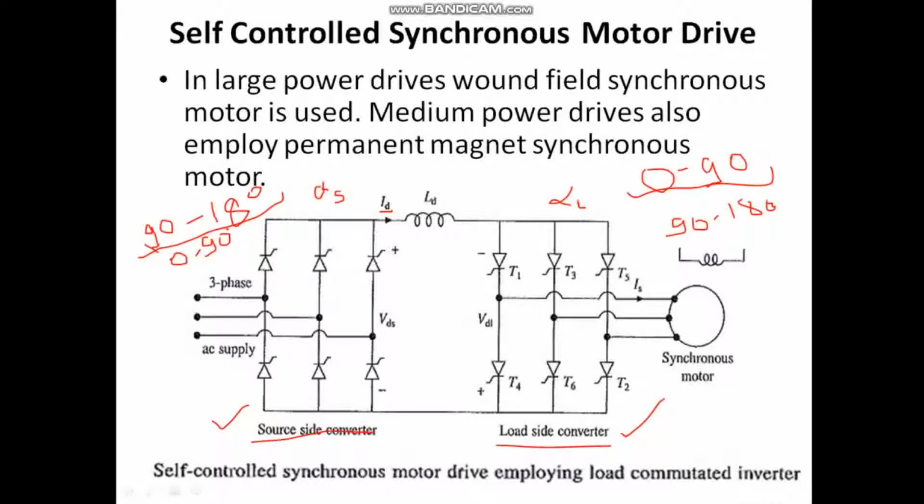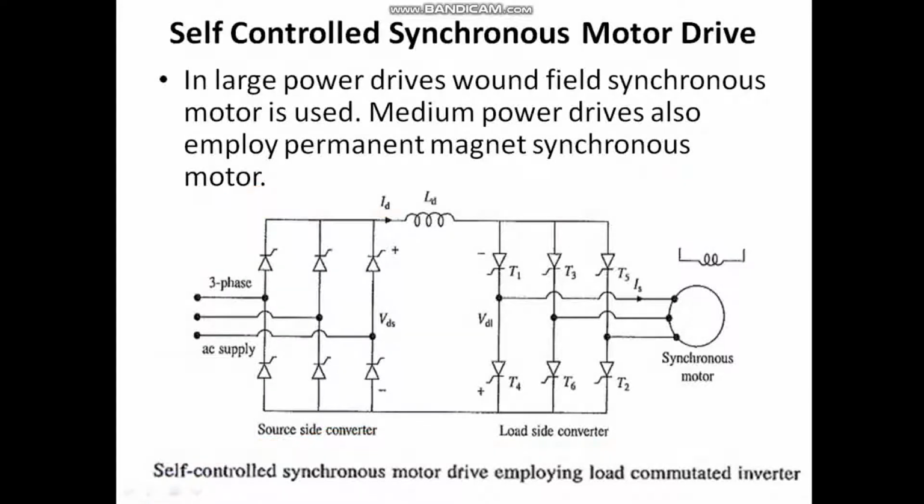When alpha S is between 0 to 90 and alpha L is also between 0 to 90, where alpha S is the source side firing angle and alpha L is the load side firing angle, under these conditions we need to see the voltage is positive.